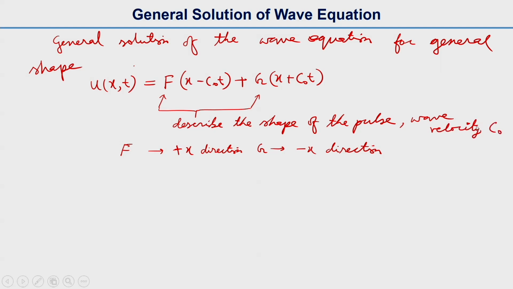In this case the wave velocity is c naught, and these functions f and z describe the shape of the wave, and the shape of the wave is unchanged with time t.